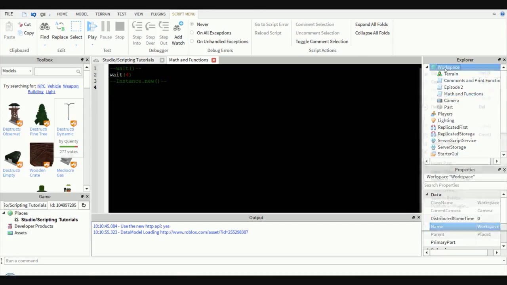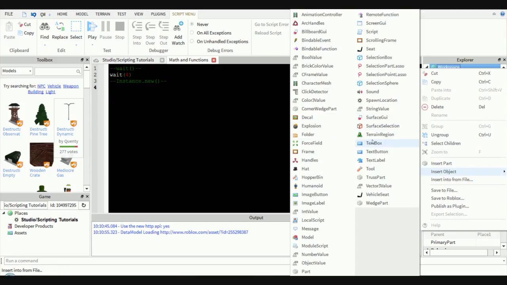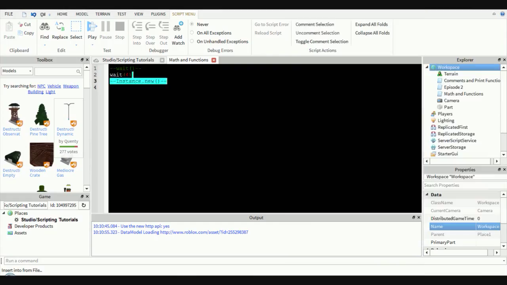So an instance is basically all of these things right here, but when you create a new instance, you will have to put the name and then the parent name. So I will make it in game.workspace. So let's try the instance.new function by creating a part.